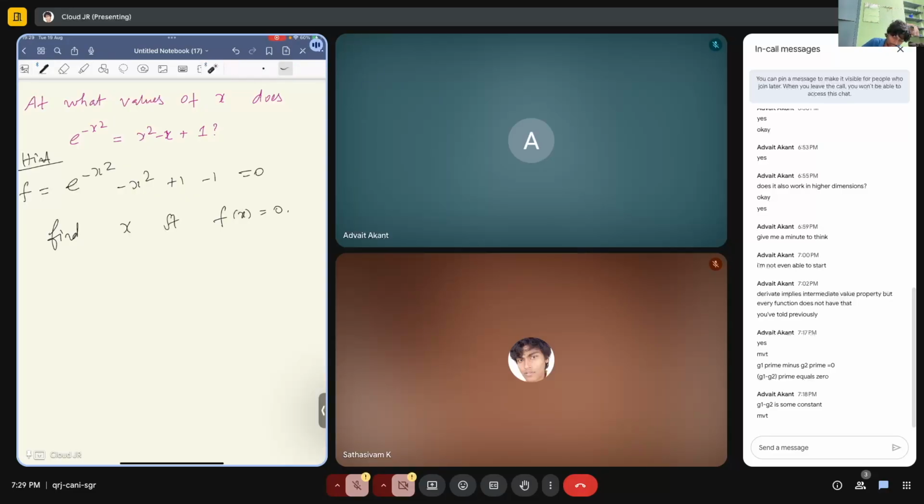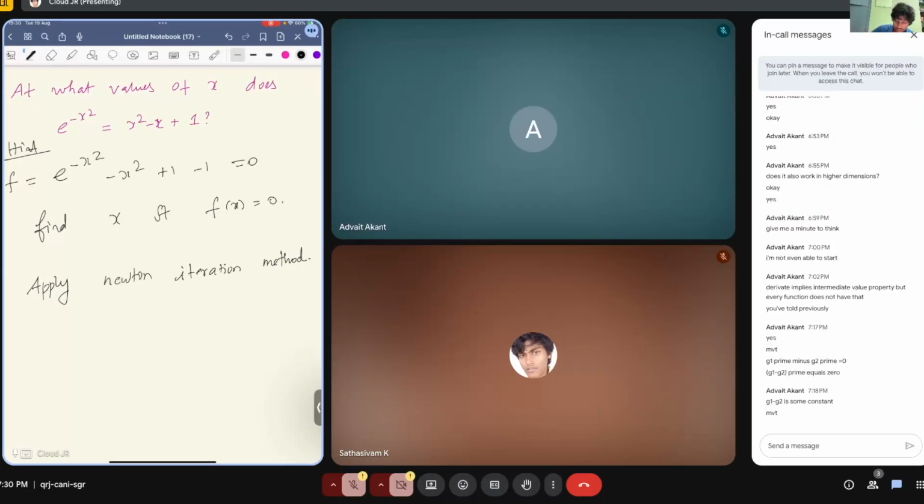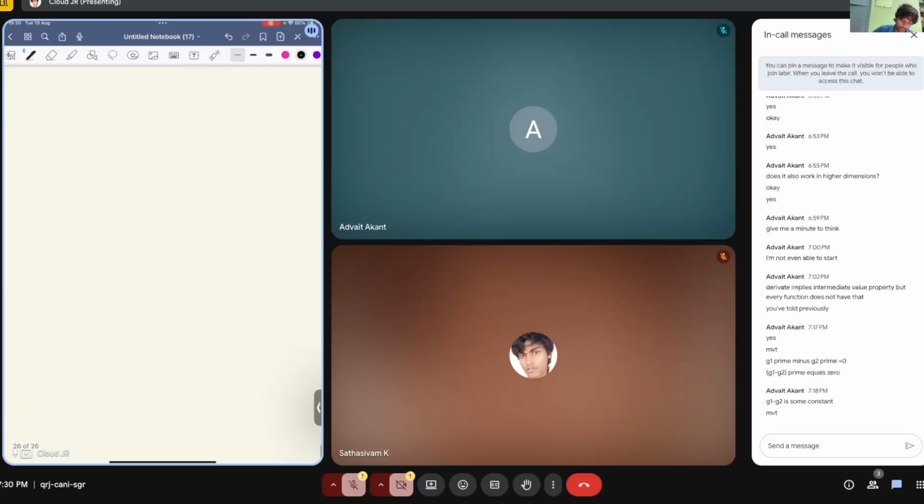The hint is to apply the Newton iteration method. I'm not going to prove this anyway, so I will leave it here. I'm just giving the hint so you can try.